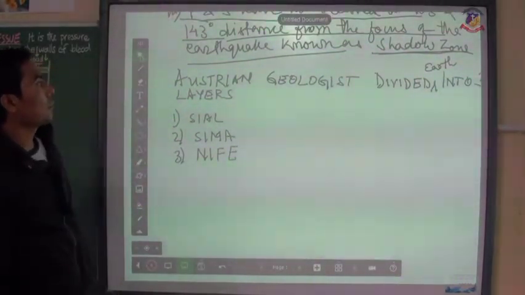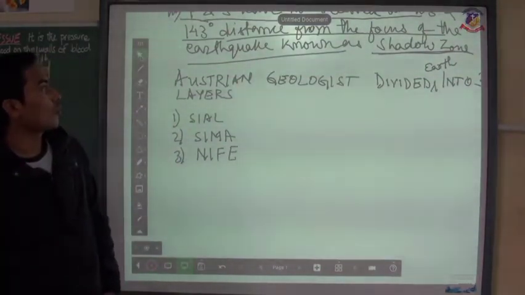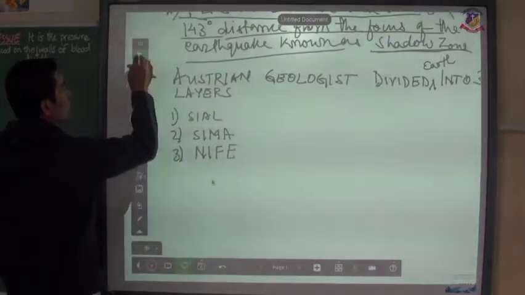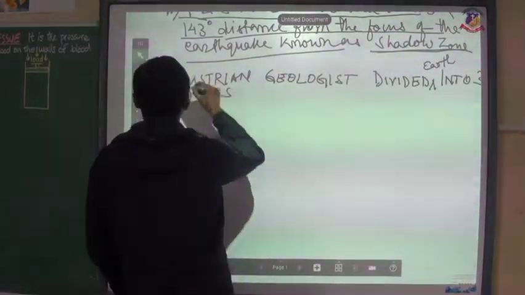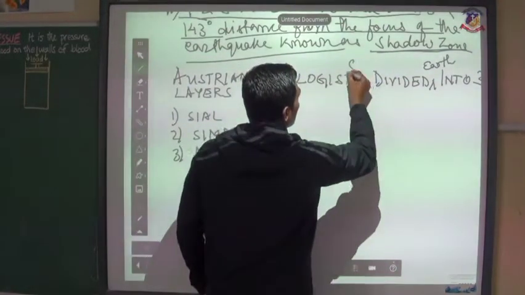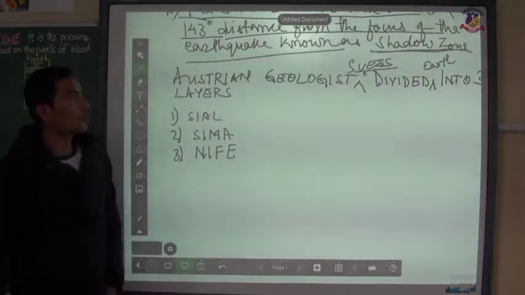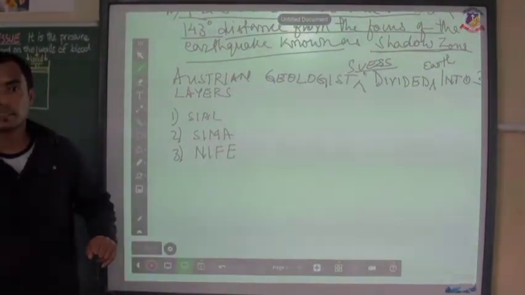Now if you look here, the Austrian geologist Suess divided the Earth into 3 different layers. Clear?